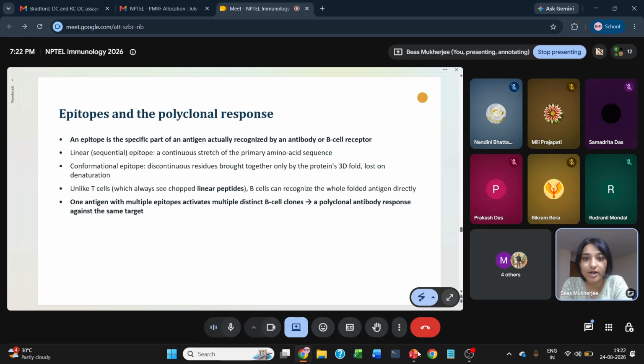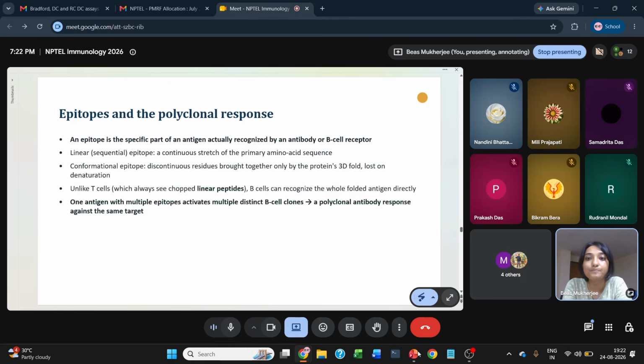We will look at this in detail now. But when you come to the TCR, it recognizes a cleaved, small peptide, so the residues are always sequentially very close. TCR only recognizes residues that are sequentially close because they are one small cleaved peptide. But BCR can recognize conformational epitopes of antigens as well. Got it?